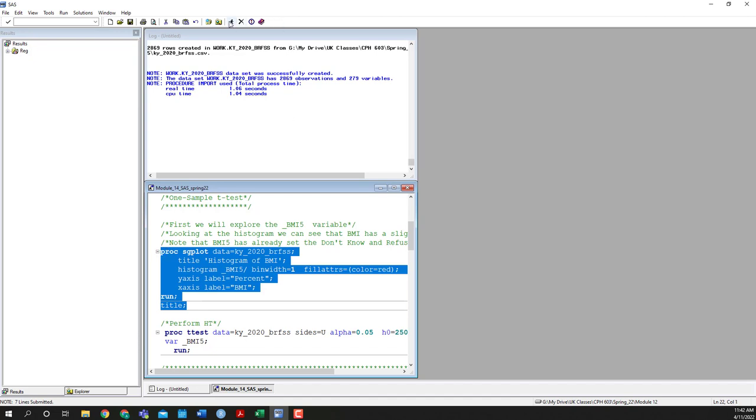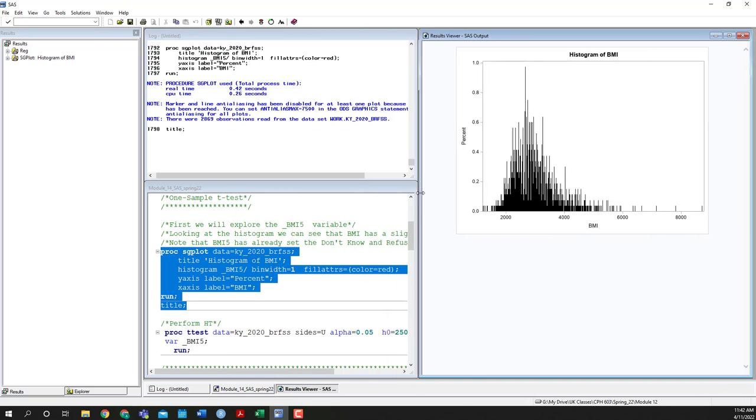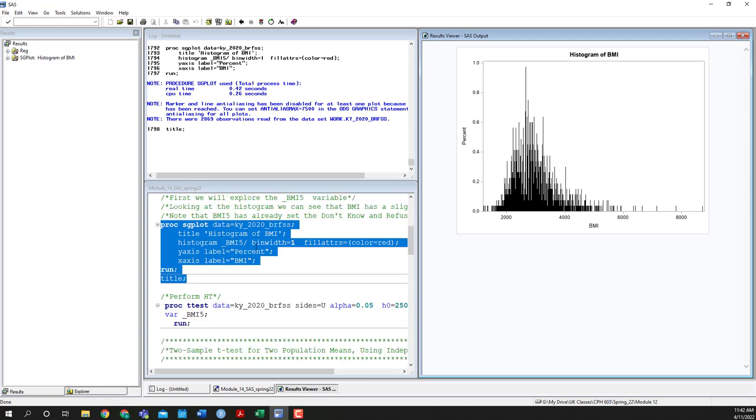One reason that we need to do this is that we need to check if the distribution is approximately normal. Now, if our sample size is large enough though, and in this case it is, the central limit theorem will take over and we don't actually have to worry about that assumption, but it's always good to visualize your data and to see what's going on. So here we can see that BMI has a very slight right skew, but again, I'm not worried about that because our sample size is very large.